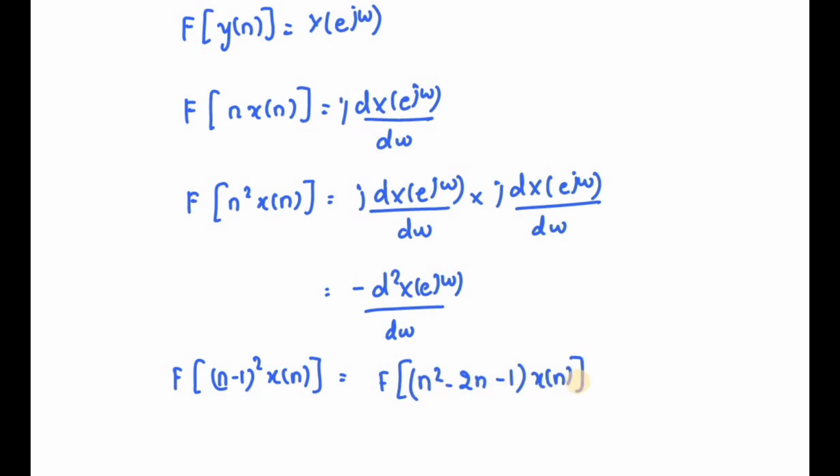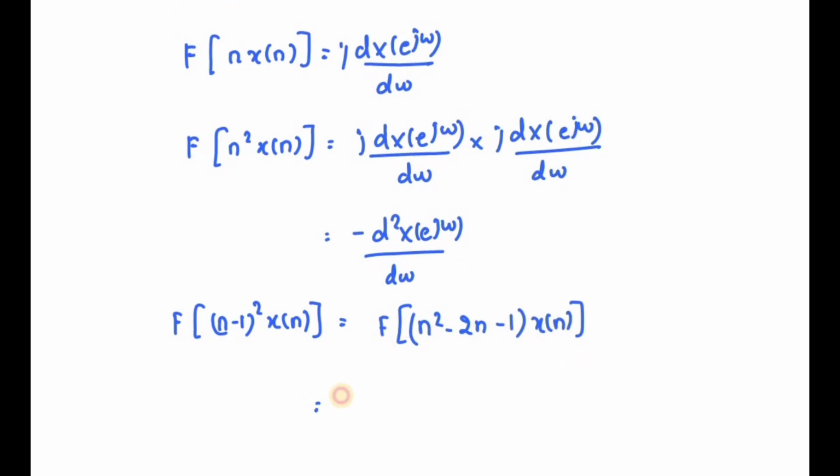So this I can write as F of n square x of n, minus F of 2n into x of n, plus F of x of n, right.